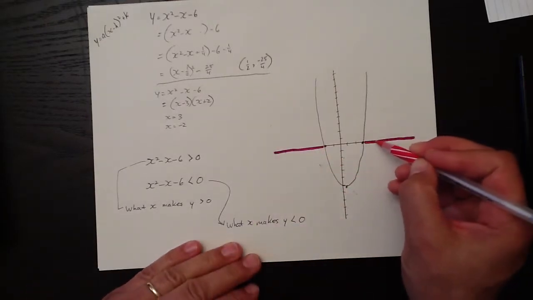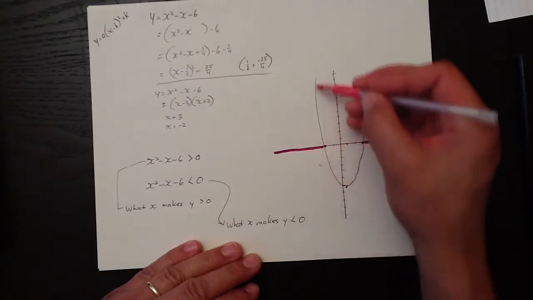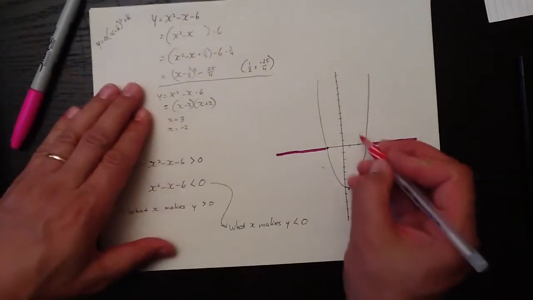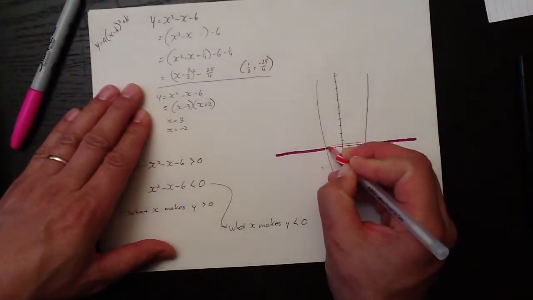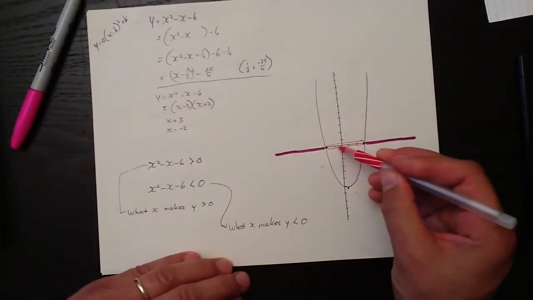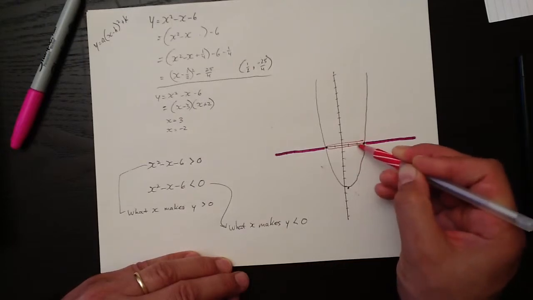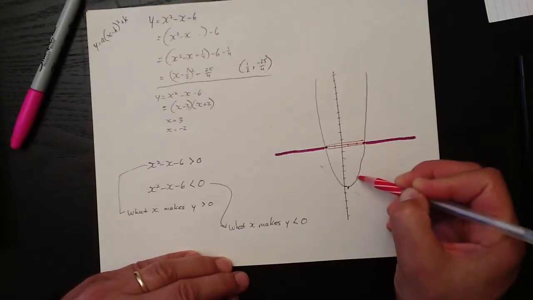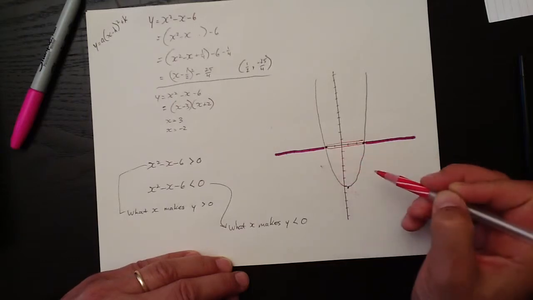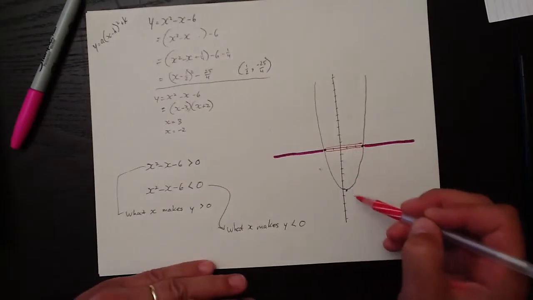If I have an x out here, my y is up here somewhere, or if I have an x over here, my y is up here somewhere greater than 0. In this red region here, any x in this red region will make y less than 0. So if x is 2, y would be down here. If x was minus 1, y would be down here. So in the red region, x makes y less than 0.